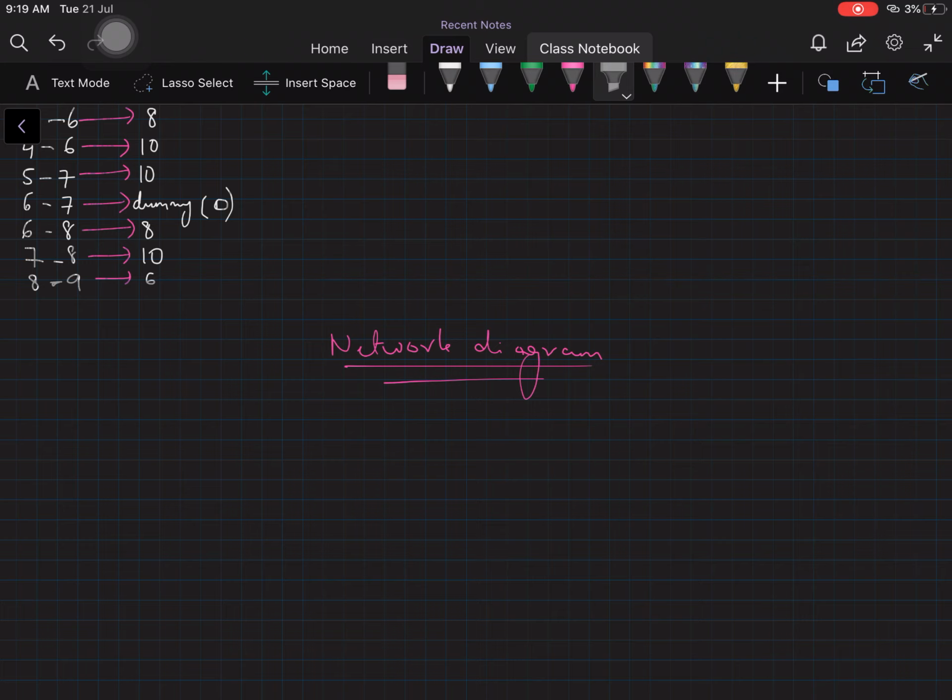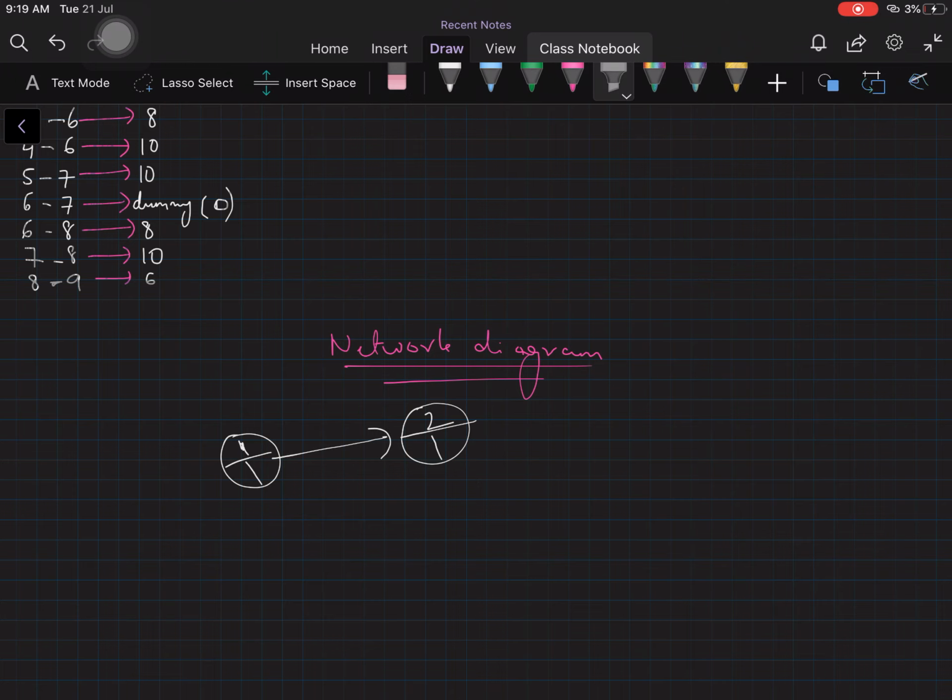Let's say for example 1 to 2 is an activity, say A. You will not represent an activity like this. Instead you will represent the 1 to 2 activity like this, with three portions.